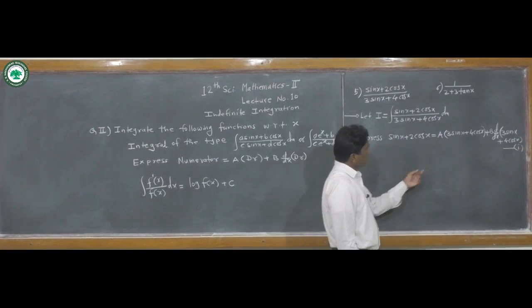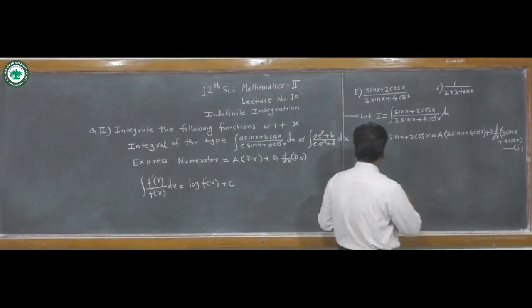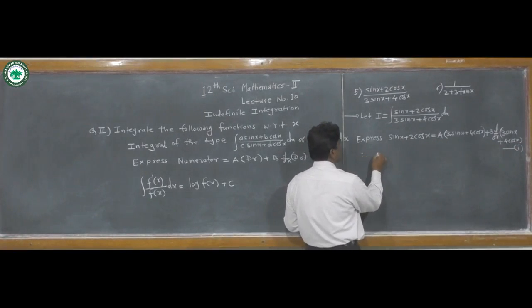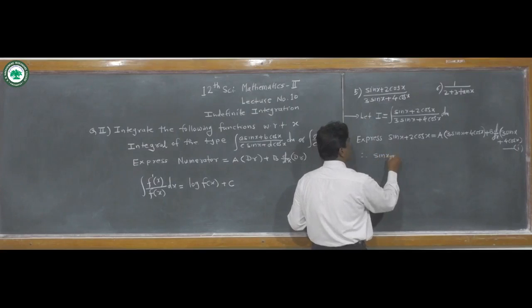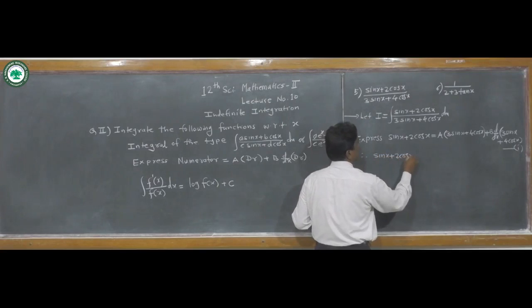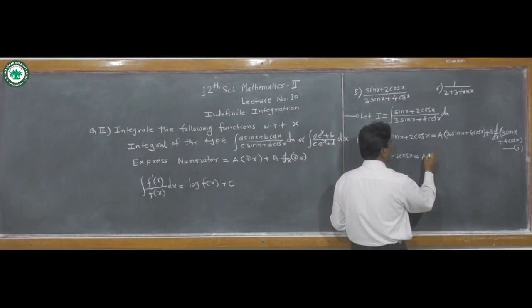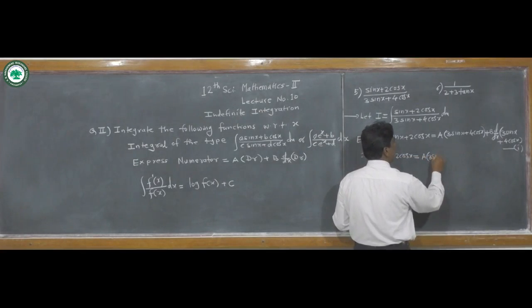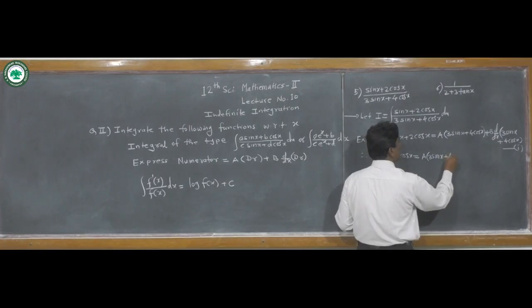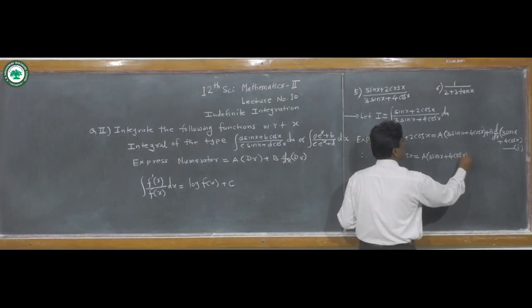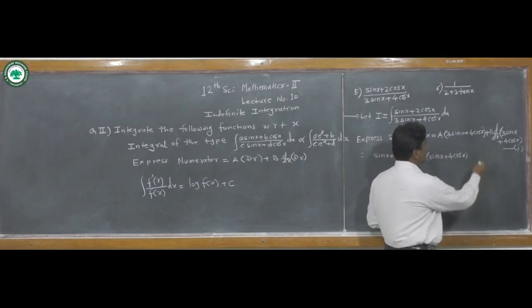Now we solve the right hand side. Therefore we get sin x plus 2 cos x is equal to a into (3 sin x plus 4 cos x), first bracket as it is, plus b.